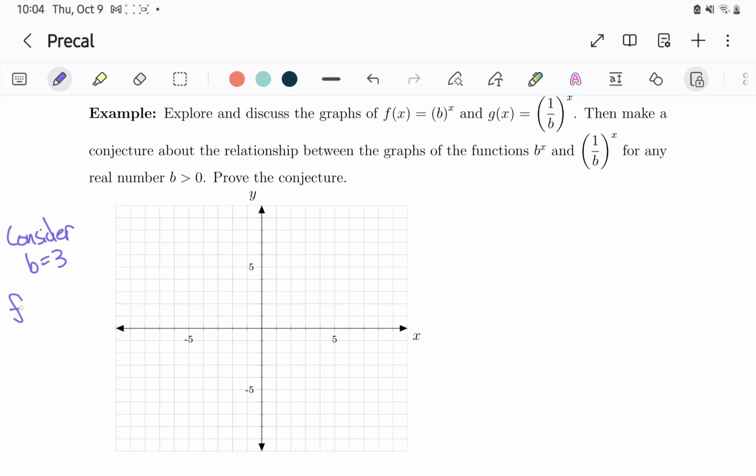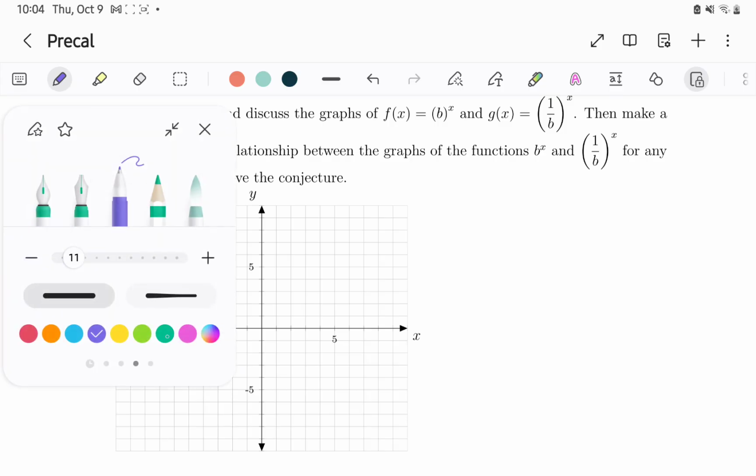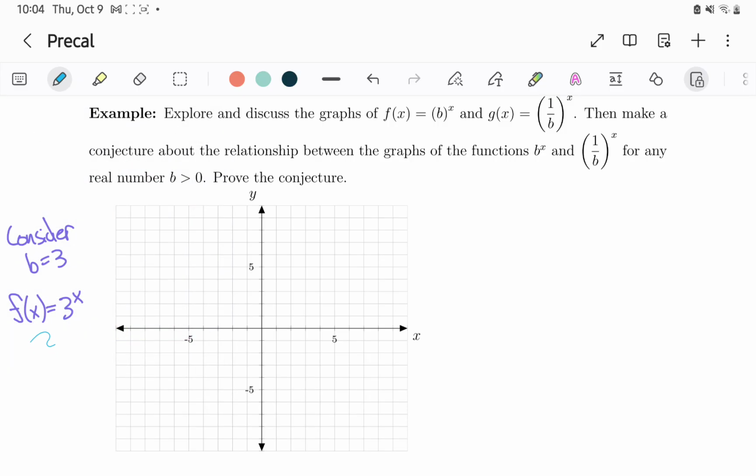So f of x will be 3 to the x, and g of x, which we'll graph in blue, is going to equal 1/3 to the x.